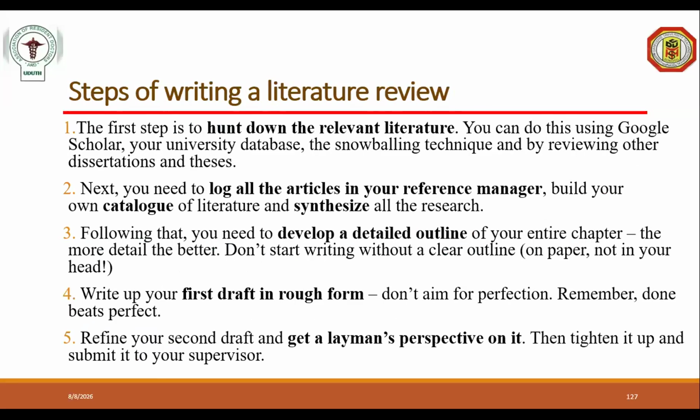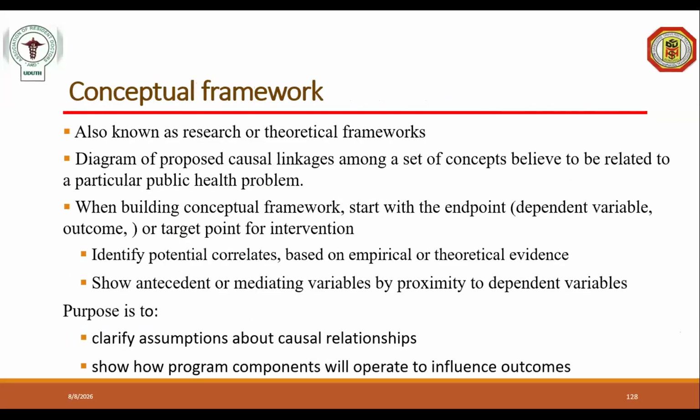So the steps of writing a literature review, all these ones are just writing, but the main thing is what I have explained. Just have your own outline. As I have stated, the outline we said you start with 2.1, which is a general overview of your work, of the main topic.